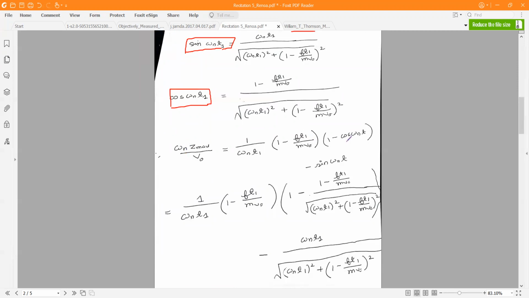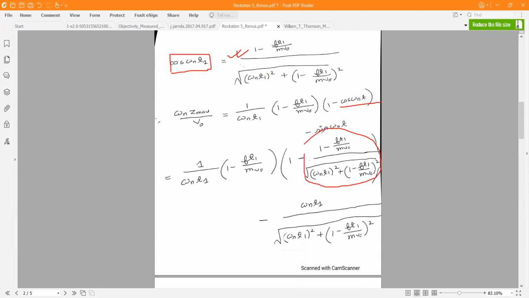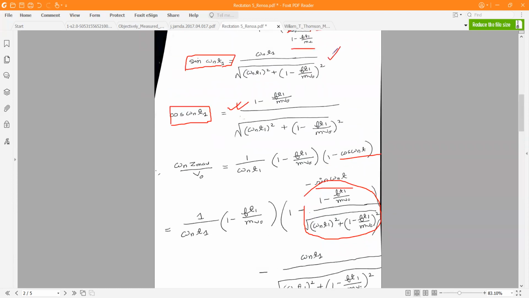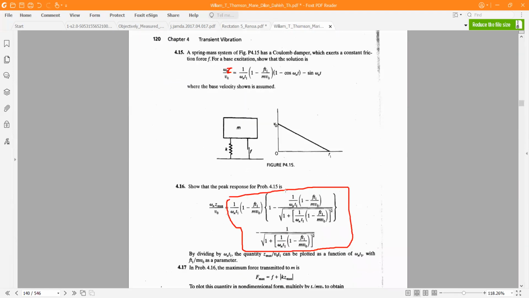I'm putting in the value of cos omega n t, which is this equation, plugged in here, and the expression for sine omega n t, this one, plugged in here. Now we have almost got this equation, we just need to simplify it to get it in this form.